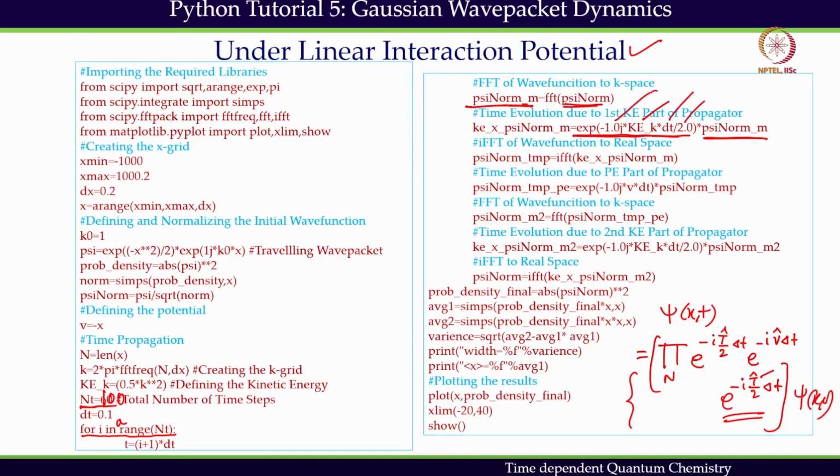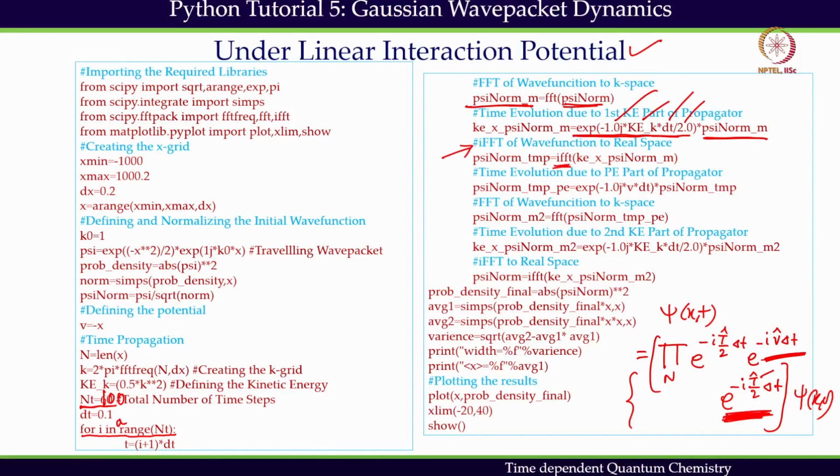That is the representation in Python programming. After doing that, we have to convert it to the position domain, because next to this first part of the kinetic energy we have the potential energy, and the potential energy part of the time evolution operator needs to be carried out in position space. So that's why we again apply the inverse Fourier transform to get the position space part.